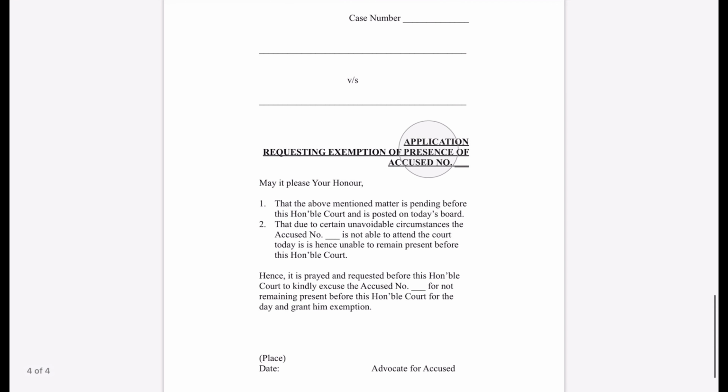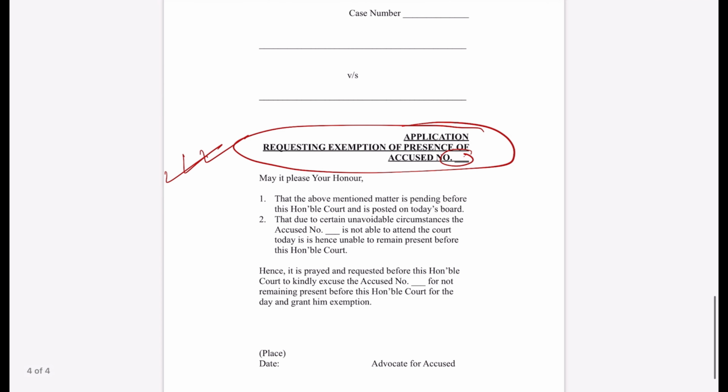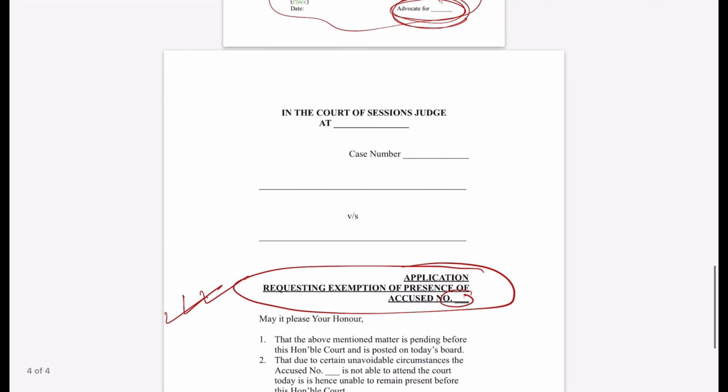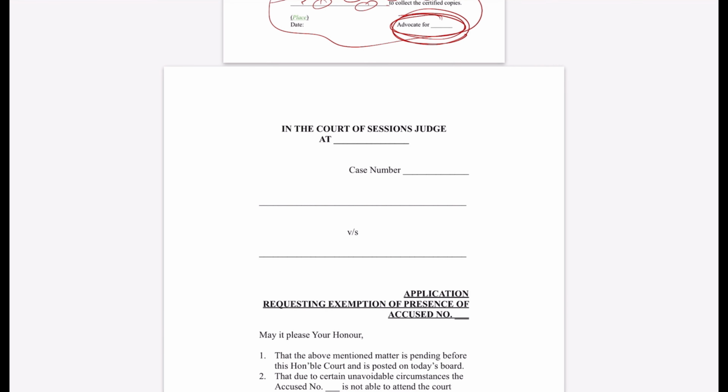Next, the subject of the application, again very important. If you just write the subject as application requesting exemption of presence of accused number, the judge might not even read everything, and might just directly grant it and write an exhibit on top of it.